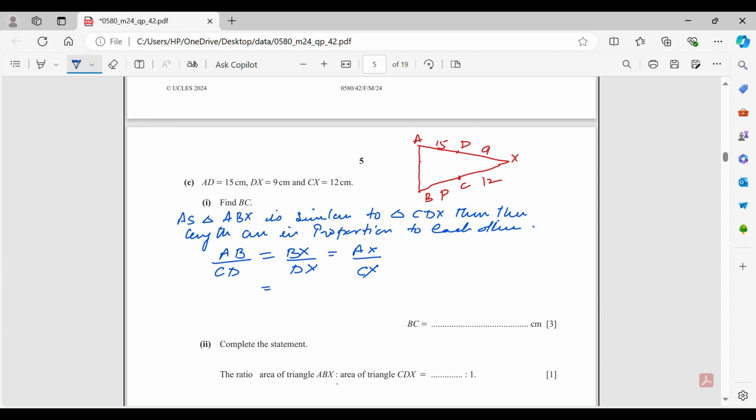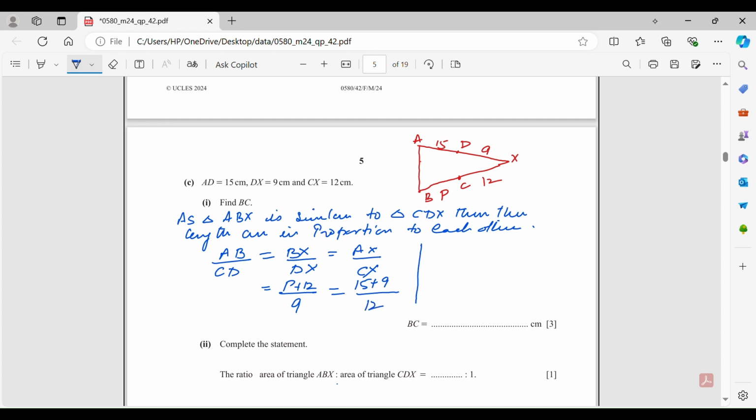We need to find BC, p. p plus 12 over 9, DX is 9, this is equal to AX, AX is 15 plus 9, over CX, CX is 12.